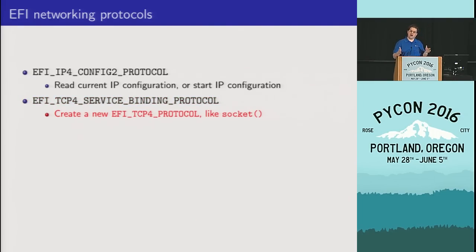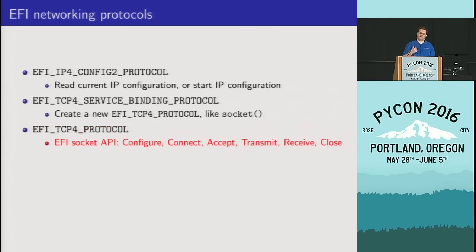So this is more the interface you use to get into the sockets layer. Then you ask for an object that is the actual socket, similar to a file descriptor. And then you have the TCP4 protocol, which represents a socket. That has methods for configure, connect, accept, transmit and receive, and so on.